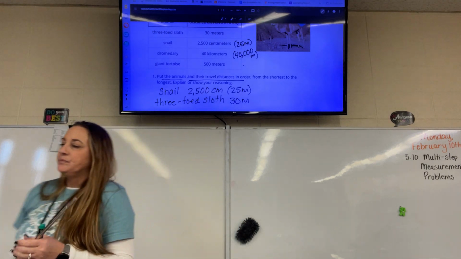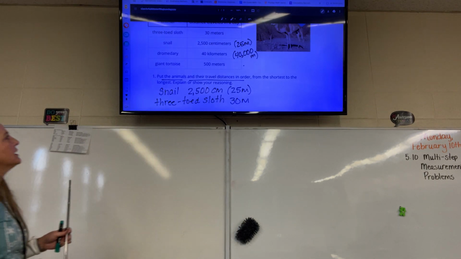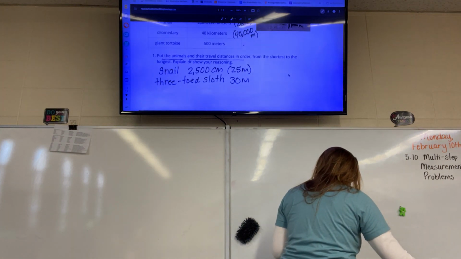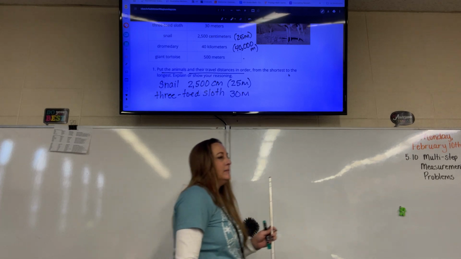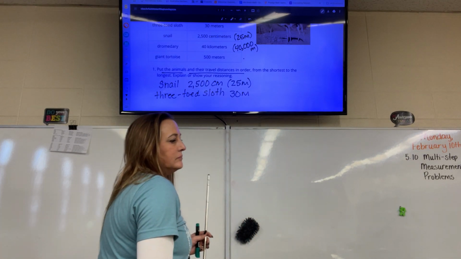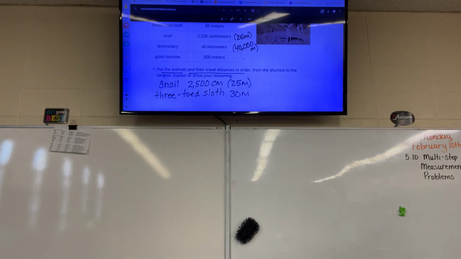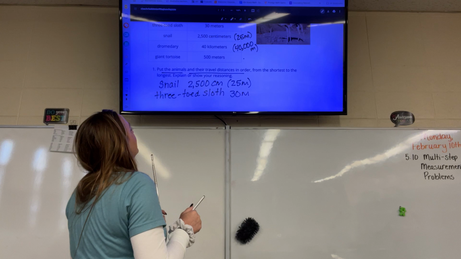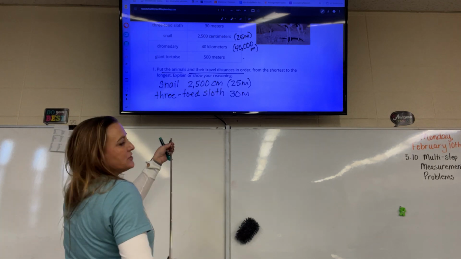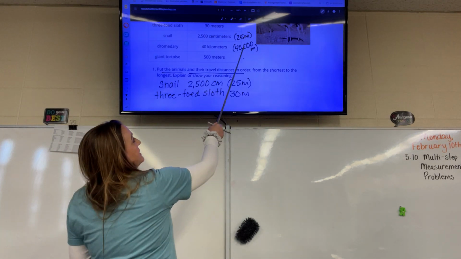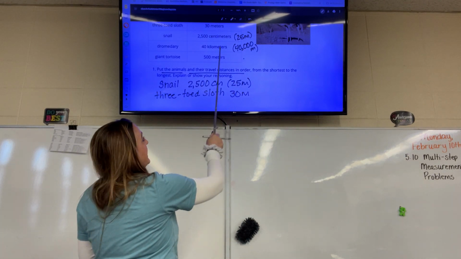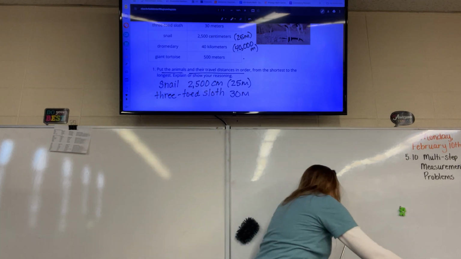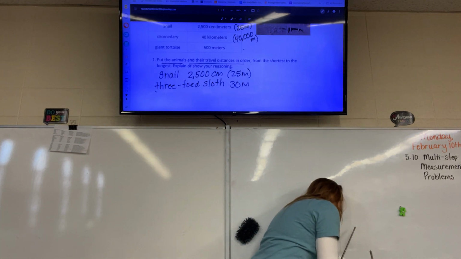Okay. What is next? The next smallest. Olivia? Evan? The giant tortoise. So we're going from smallest to biggest. This one's 40,000, so it wouldn't be next. We look at the numbers we wrote. So 500 comes next, which is the giant tortoise.